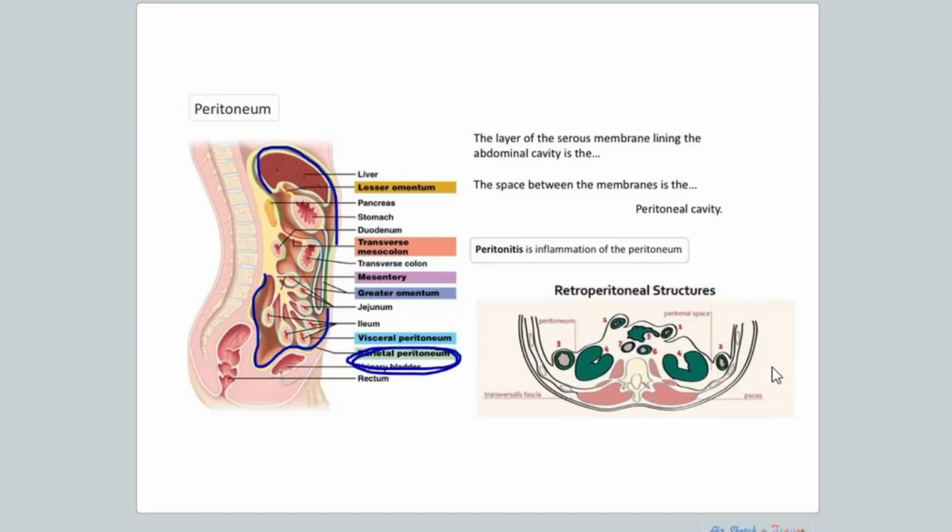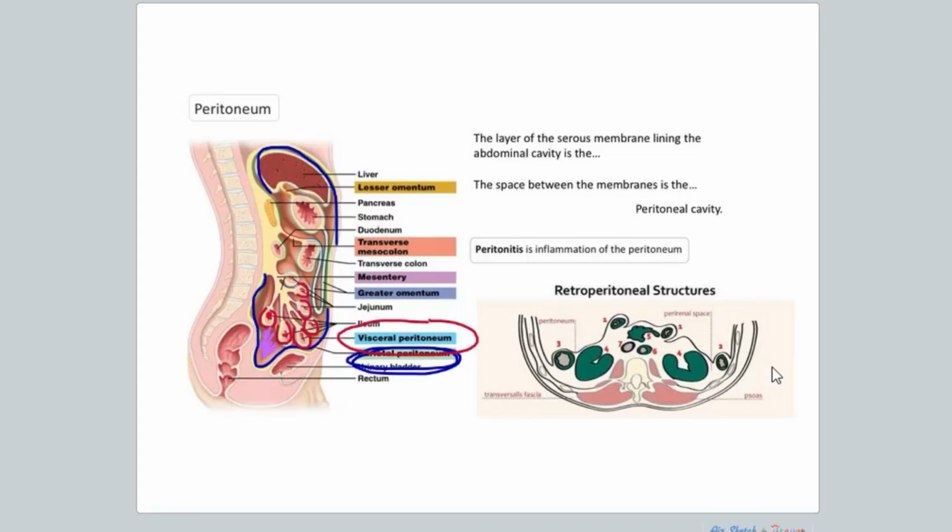Then the layer lining the actual abdominal organs is called the visceral peritoneum. These are the intestines, for instance, and all of these intestines are lined by visceral peritoneum. And then there's this space in between that we call the peritoneal cavity.